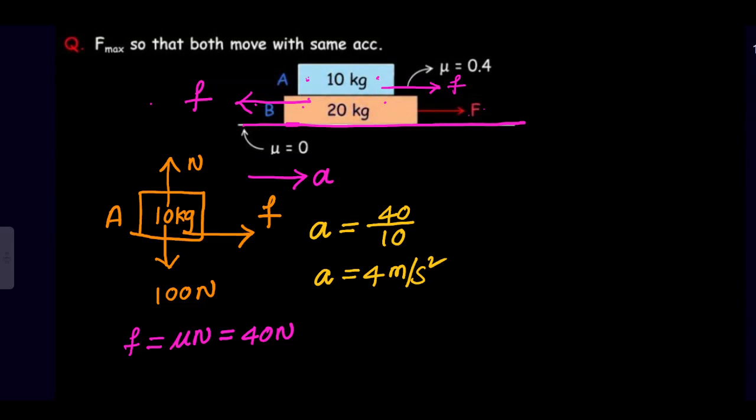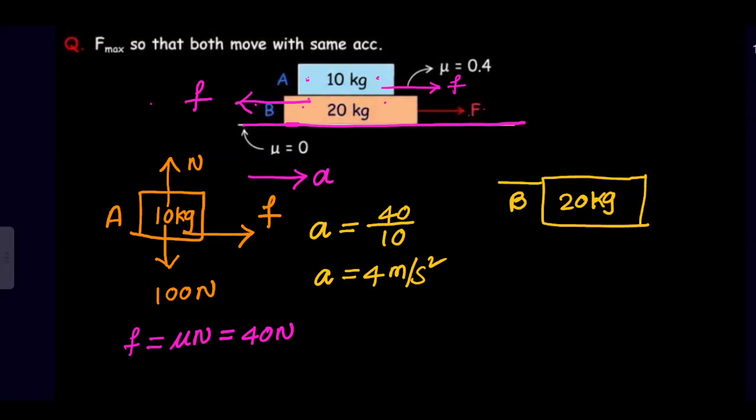Right. Now we'll talk about block A. Block B we will consider now. So block B separately we will consider. This is 20 kg, and this is block B. Now on this block the friction is present. Which direction is the friction on this block?